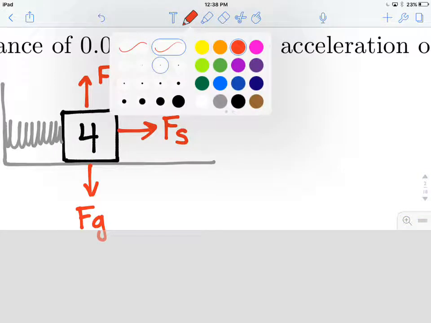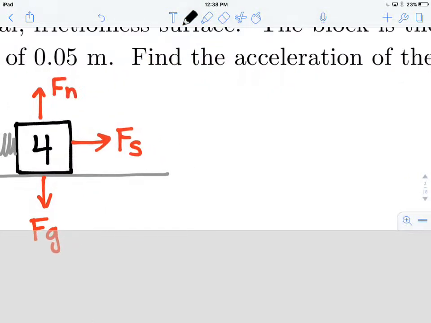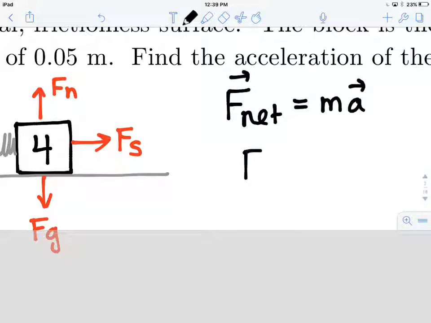And so what we can begin with, as we do in the case of all force problems, is F net equals ma. And in this case, the only force that's acting to create an acceleration in the x direction is the spring force.